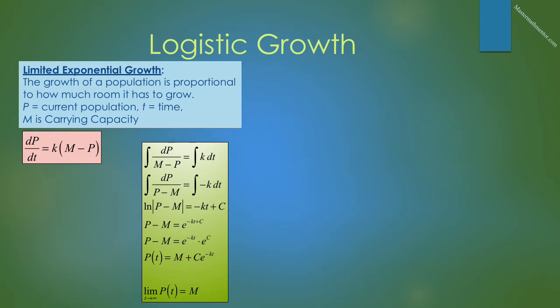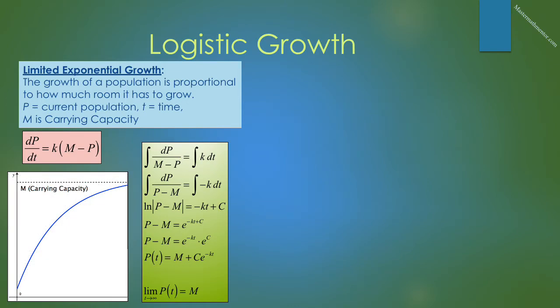Integrating, we get the natural log of the absolute value of P minus M is equal to -kt plus C. And therefore, we get P minus M is equal to e to the -kt plus C, or P minus M is equal to e to the negative kt times e to the C. And finally, our statement is P of t is equal to M plus C e to the negative kt.